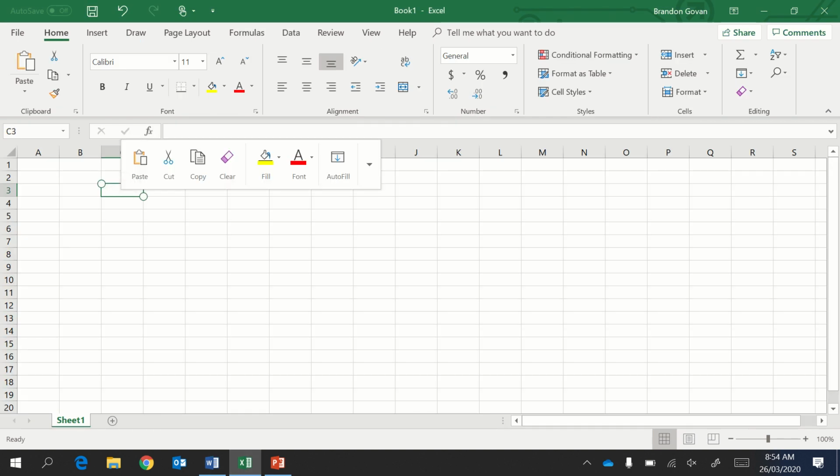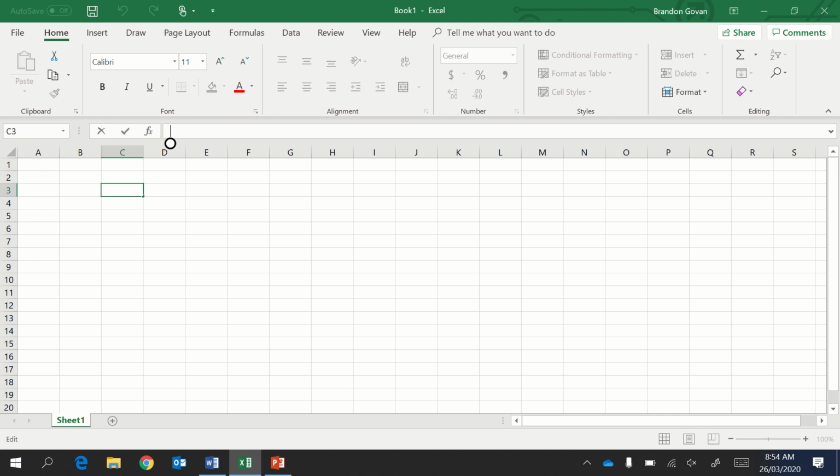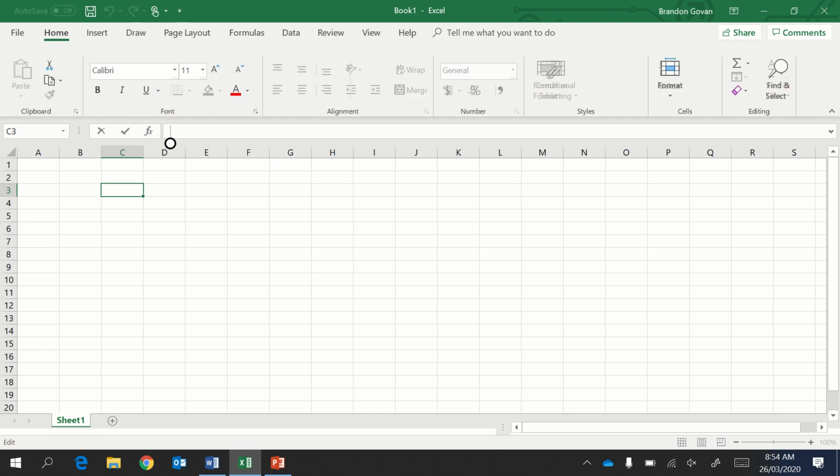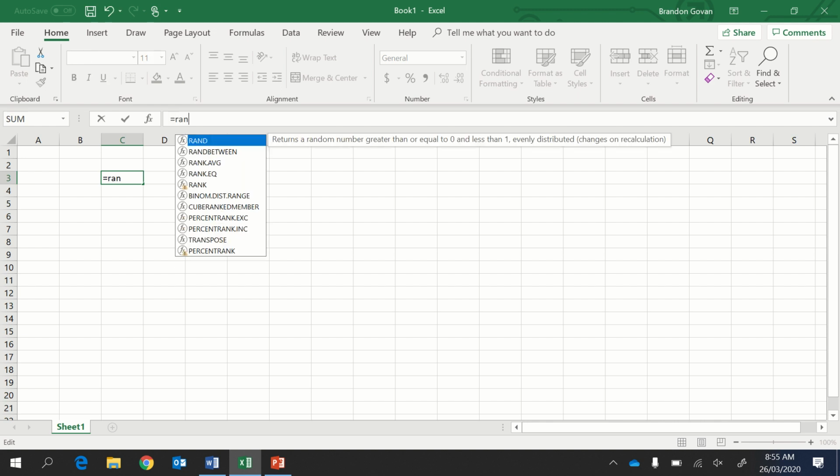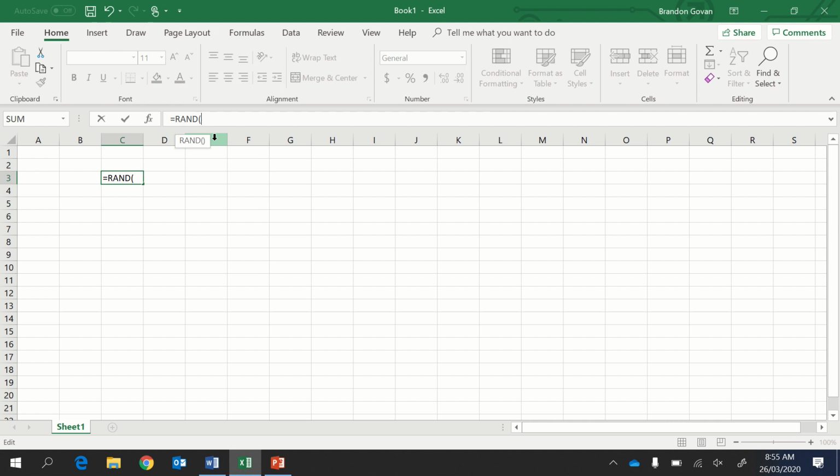In the top here, I'm going to write equals random number, there it is right there, times 4. And the way that you guys would do this, if you're doing it on your calculator, is you just press the random number button on your calculator and then put times 4 and then hit equals.